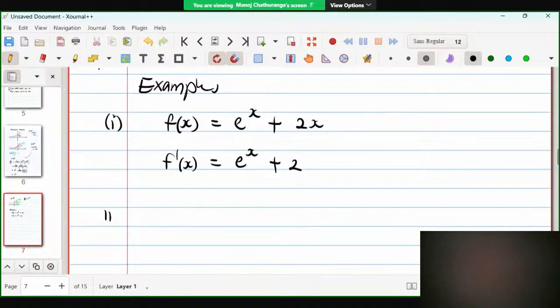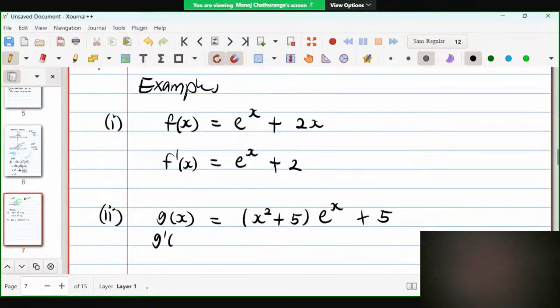Then for the first two, we must use the product rule because that is a product. So keep the first factor and differentiate the second factor.